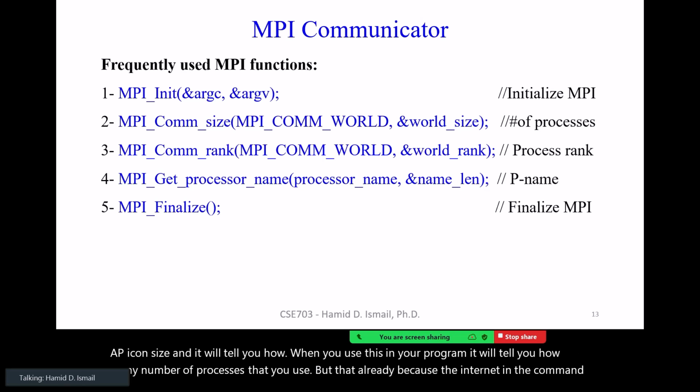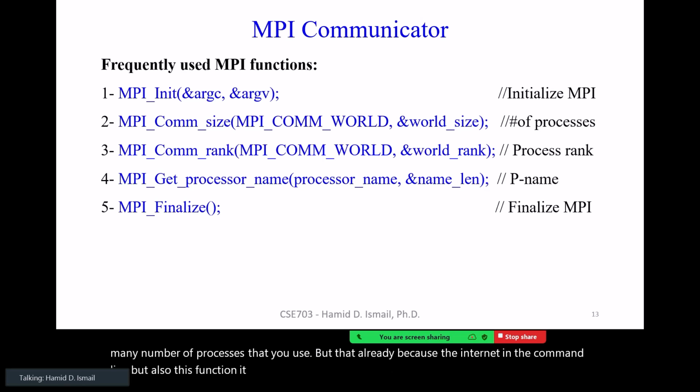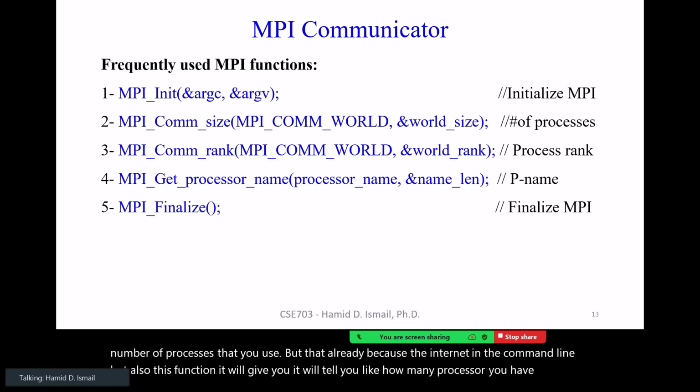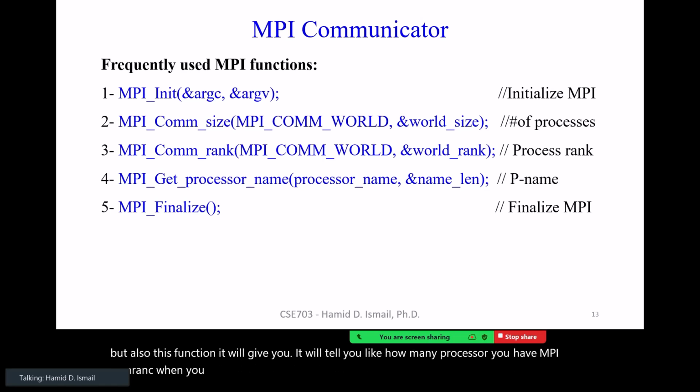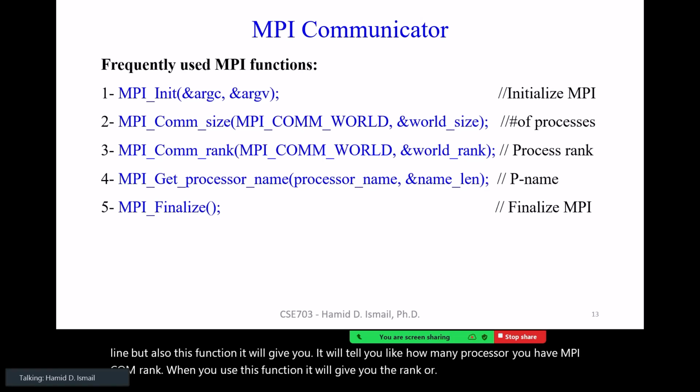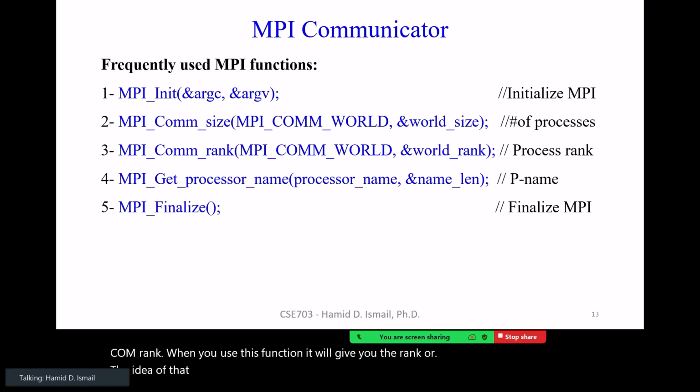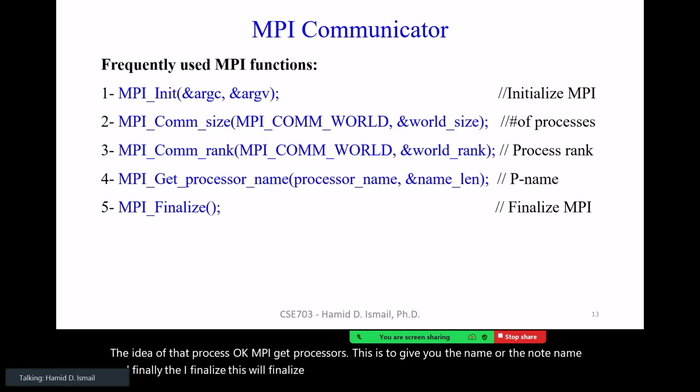But this function also tells you how many processors you have. MPI_Comm_rank gives you the rank, or the ID, of that processor. MPI_Get_processor_name gives you the name of the node, and finally MPI_Finalize finalizes everything.